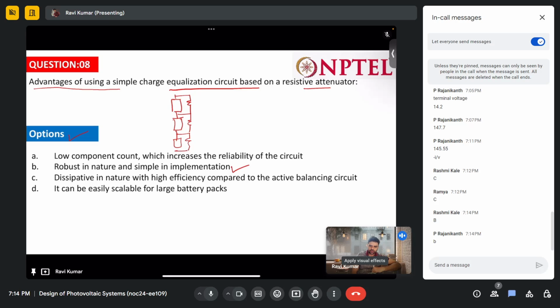Rajnikant said B. Do you think some other options are also right? It may be a multiple choice question, there may be more than one answer.